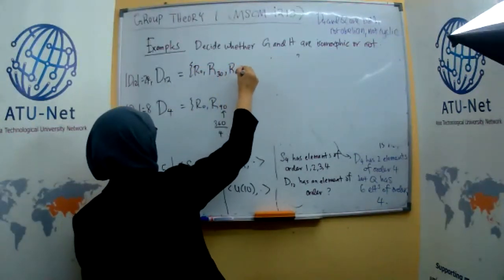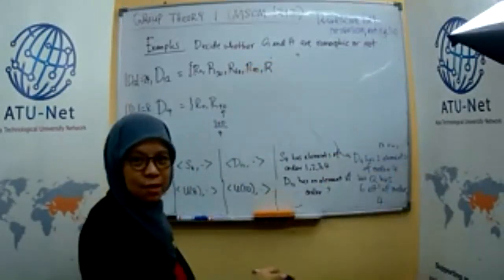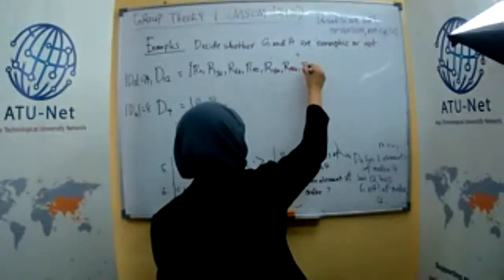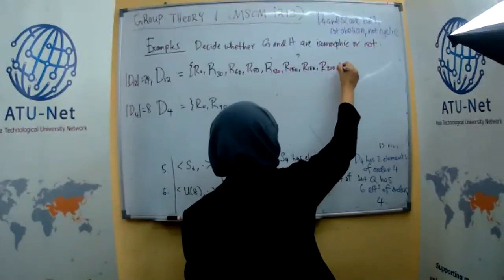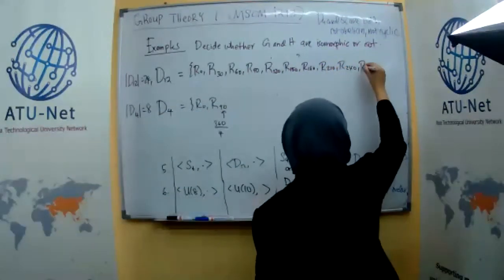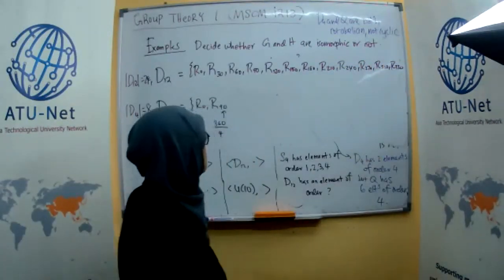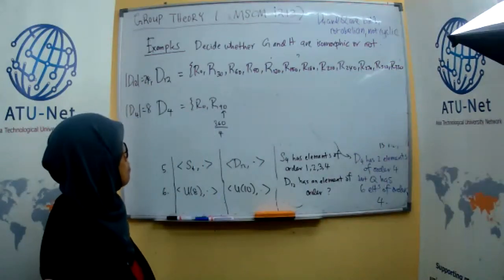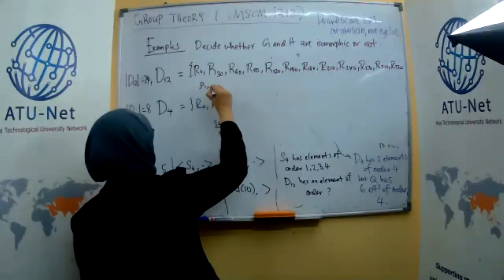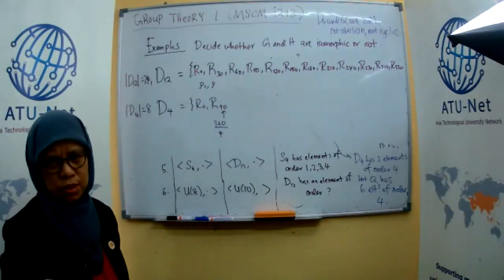So you will get 12 rotations. And then reflection, rho is reflection, mu is rotation, right?